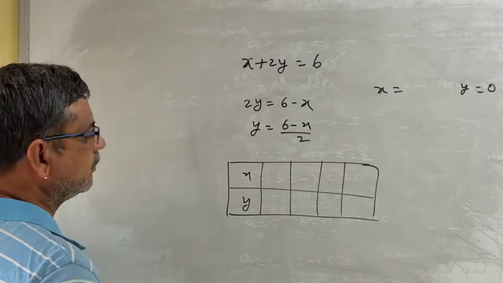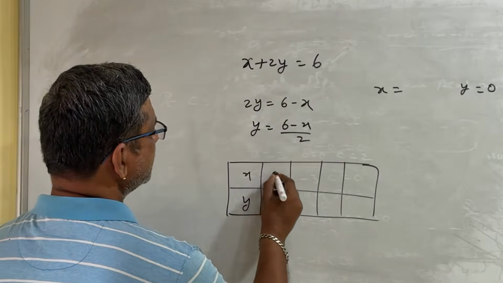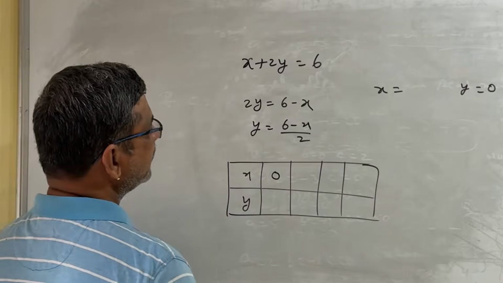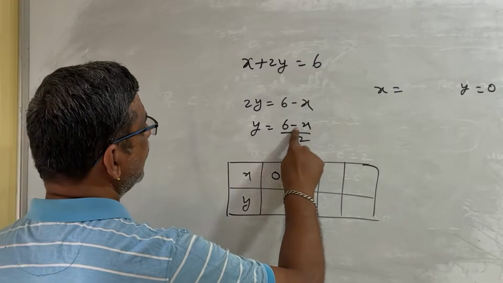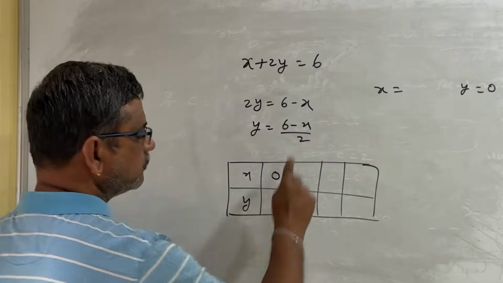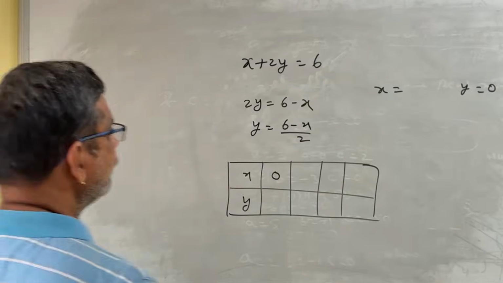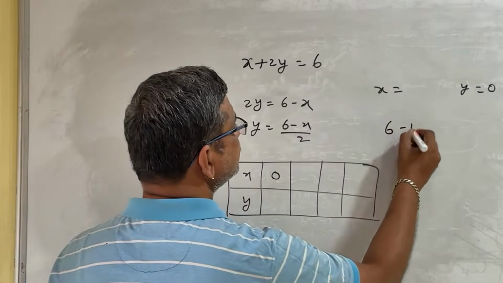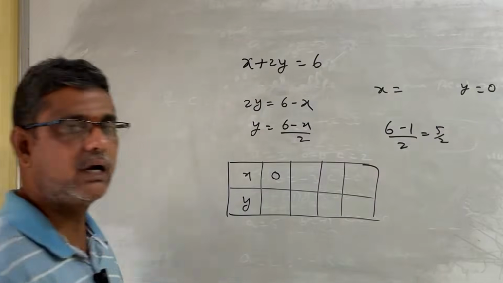Now give different values for x, and after inserting that value here, whatever remains in the numerator should be divisible by 2. See, if I give 1 in place of x, 6 minus 1 by 2, 5 by 2. 5 is not divisible by 2.